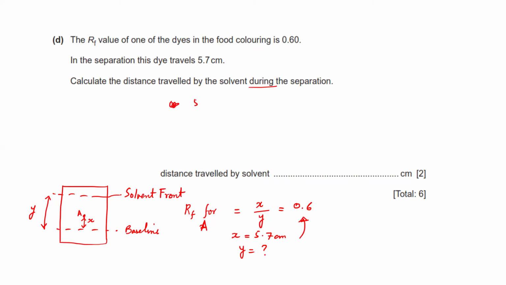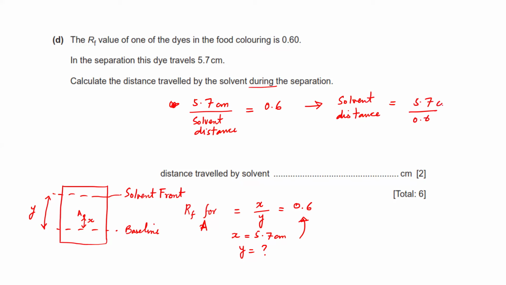It would be 5.7 centimeters divided by the solvent distance, and this is equal to 0.6. Solving it, the solvent distance is equal to 5.7 divided by 0.6 centimeters, and this comes out to be 9.5 centimeters. The answer is 9.5. Remember, this is how you calculate this value.